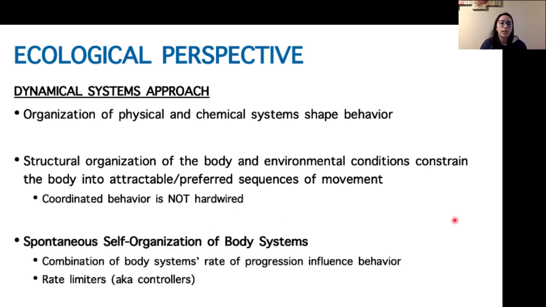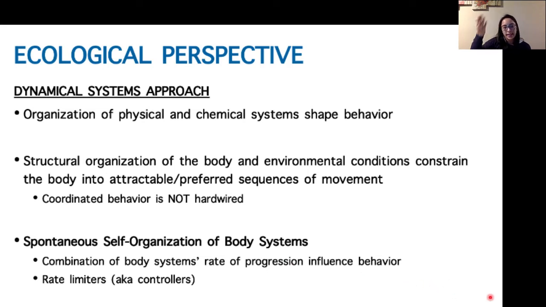Spontaneous self-organization of body systems is how we help to explain the sequential aspect of development, because we know it's a continuous and age-related process. Because body systems develop at different rates, that concept feeds into the existence of what we call rate limiters or controllers, which will influence the rate of progression of certain motor behaviors.